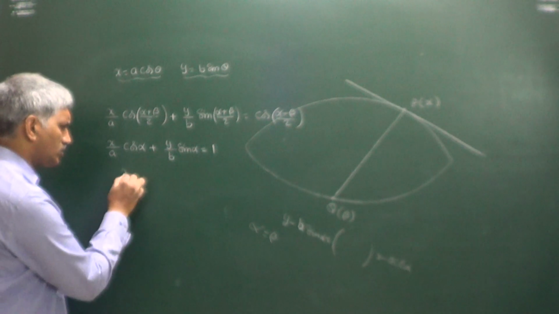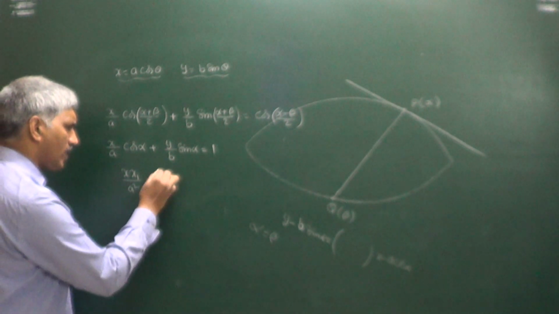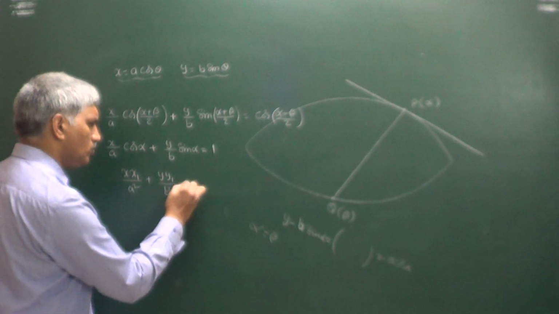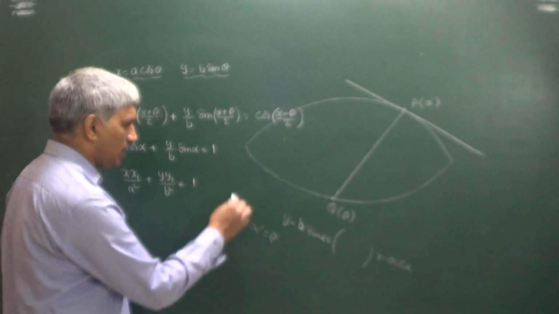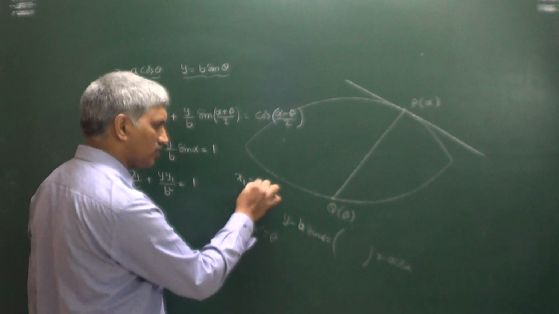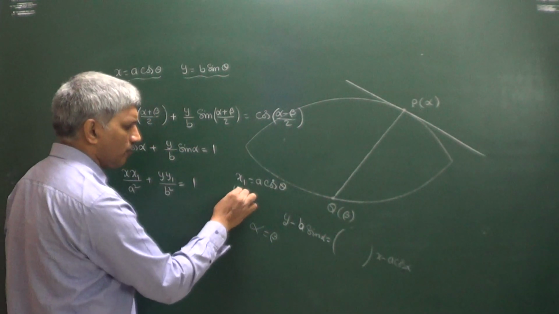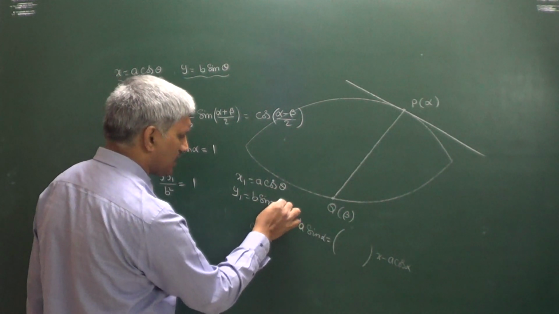Otherwise you can do it like this also. We already know x x1 by a square plus y y1 by b square is equal to 1 is the equation of the tangent at a point x1 y1. Now in place of x1 we have to write a cos theta or a cos alpha, and y1 is equal to b sin theta, or you can write b sin alpha also.